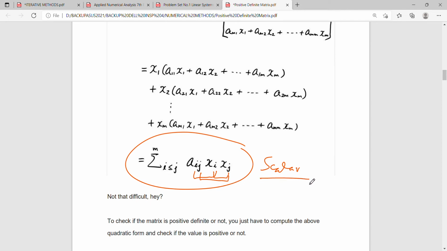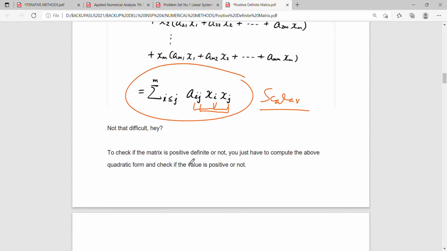And this is not difficult, just like the author is telling us right now. Okay? Now, to check if this is positive definite, upon computing, you just look if it is a positive value and if it is a real value. It is defined, and therefore, you have no problems on it.